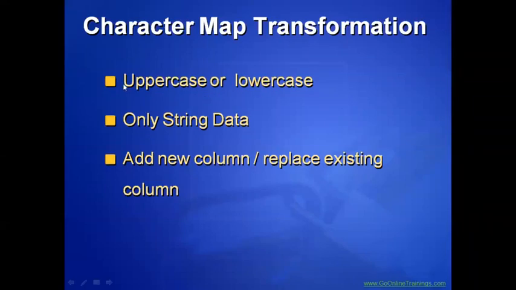If you wanted to modify lowercase to uppercase or uppercase to lowercase, we are going to be using this transformation. Where will you do it? Only on character data. Number data cannot be upper and lower, right? Only string data, character data, where you will have uppercase and lowercase data. We are going to be using this transformation.